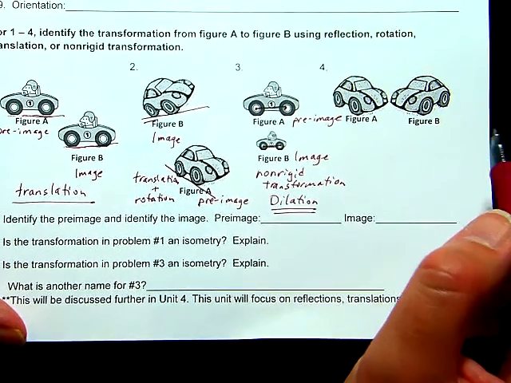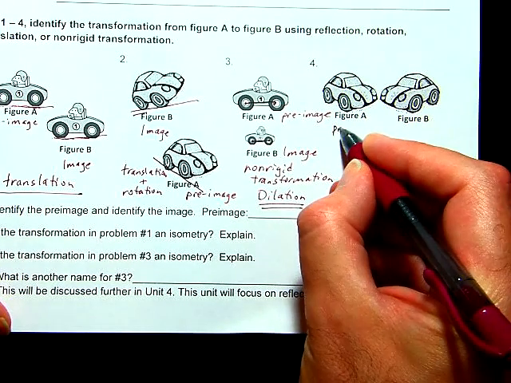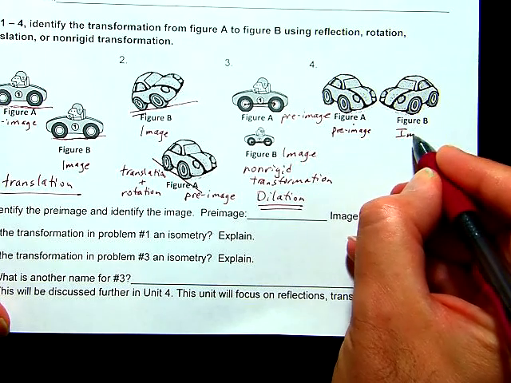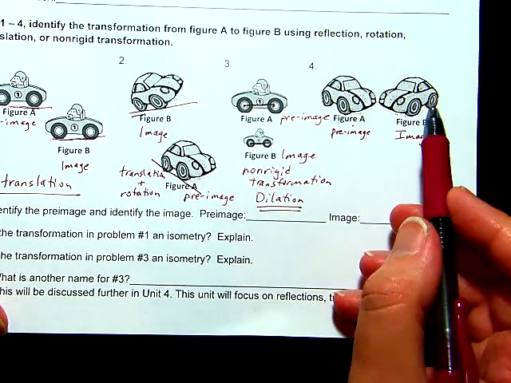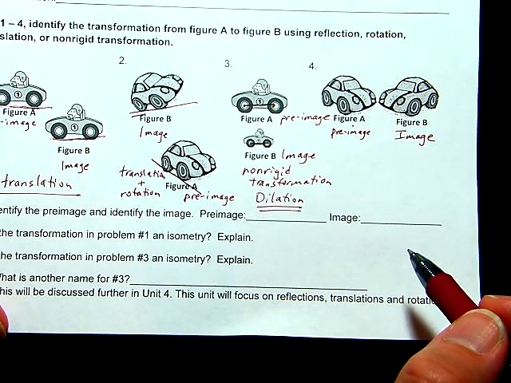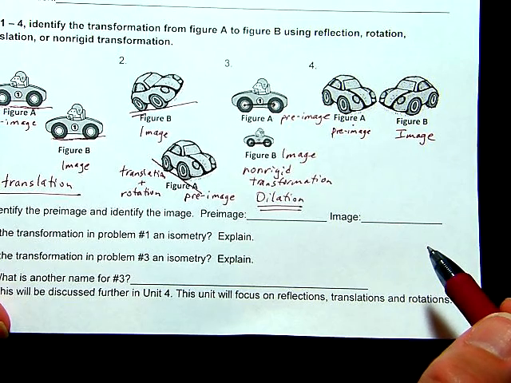And finally, let's look at figure 4. We've got our pre-image, which is figure A, and then we've got our image, which is figure B, and these two figures are obviously congruent.